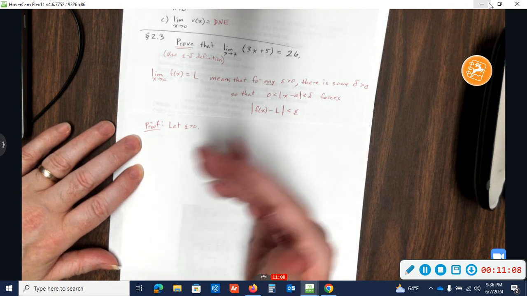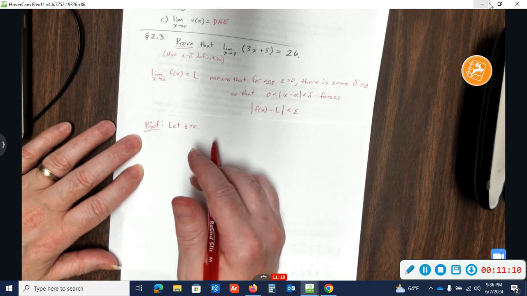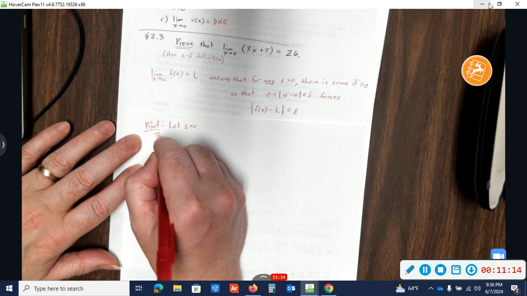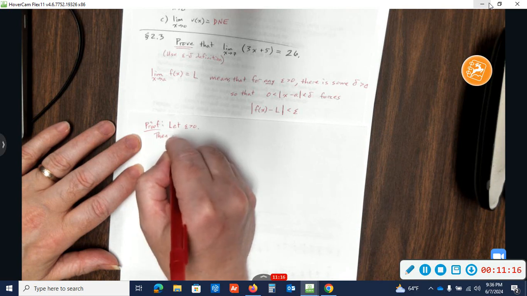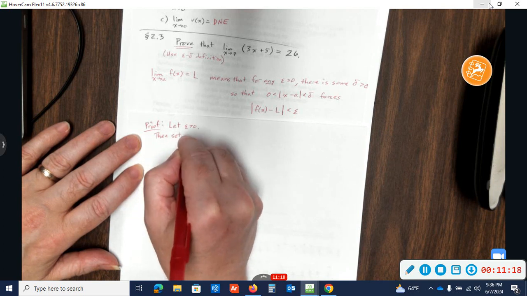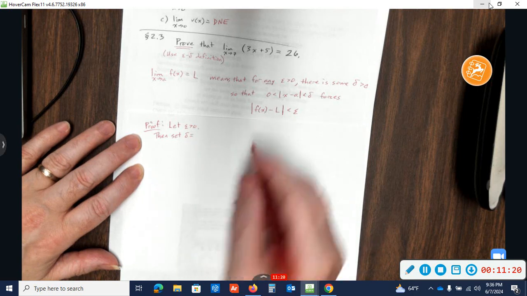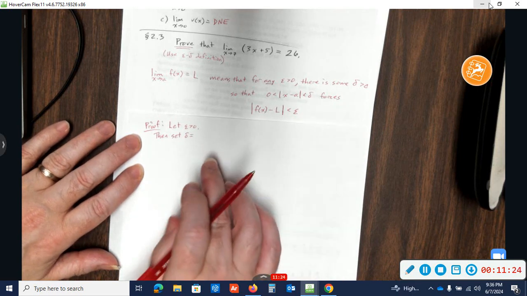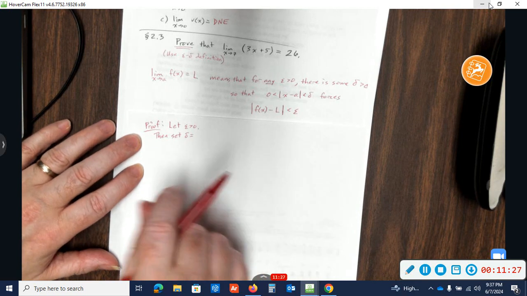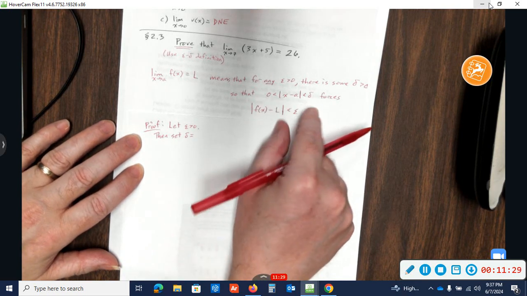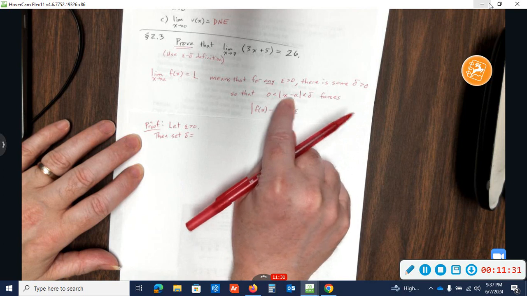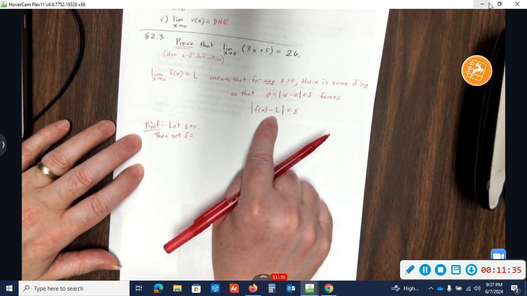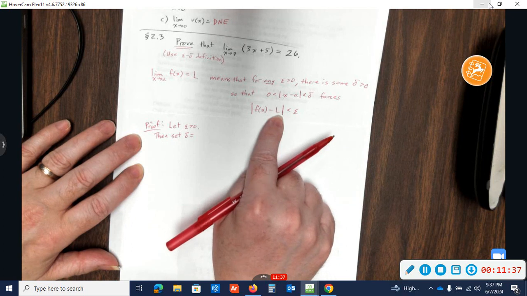And then somehow I have to prescribe a choice for delta, so that once I've picked this delta, if x is delta close to a, except possibly at a, then the function value is going to be epsilon close to L.